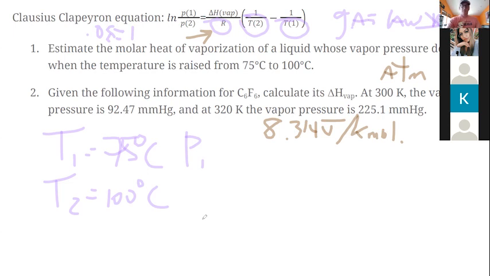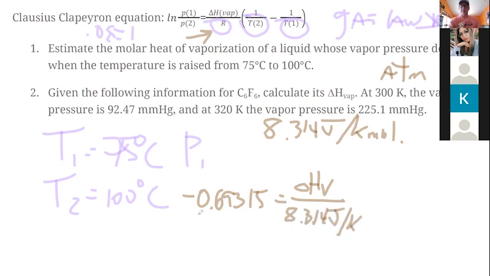Negative 0.6931. Yeah, 0.69315. So that is equal to delta H vap divided by 8.314 joules per Kelvin per mole.